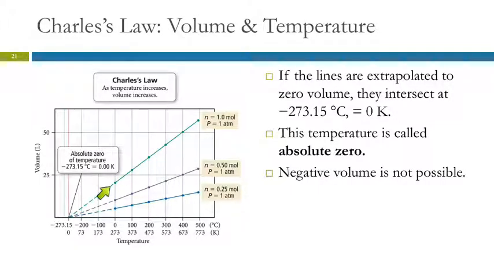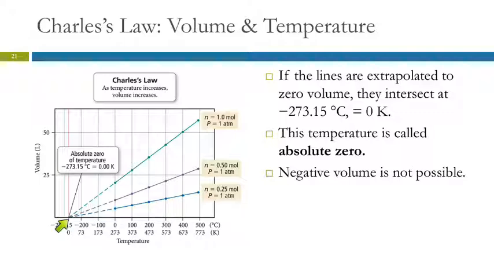We get this nice straight line. If we extrapolate the line, go past the actual data, and do that for all 3 lines, what we find is that they intersect at this point down here. That would correspond to a temperature of minus 273.15 degrees Celsius. And that would also be the point at which the volume of a gas was 0.